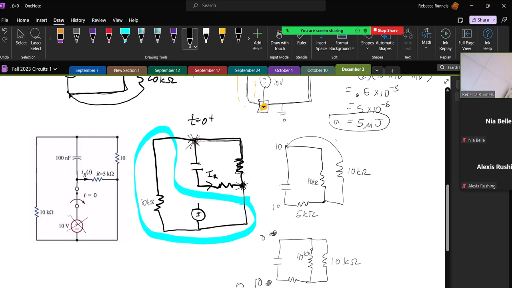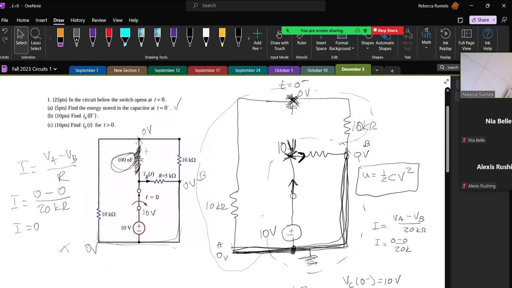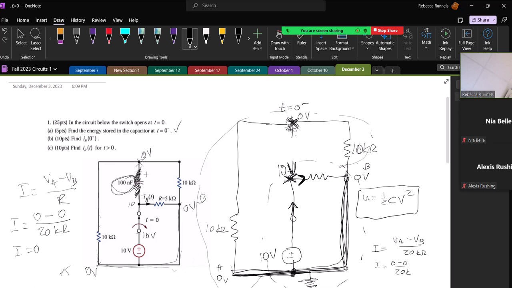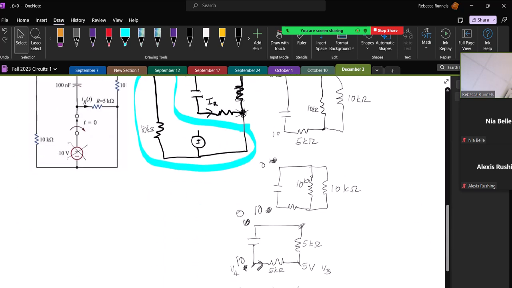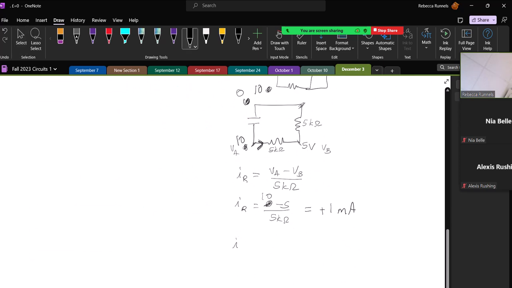Yeah, this is 10 and this was 0 because it had to match what it was at 0 minus, and at 0 minus the top was 0 and the bottom was 10 on our capacitor. Okay, are there questions? So IR at 0 plus is 1 milliamp.